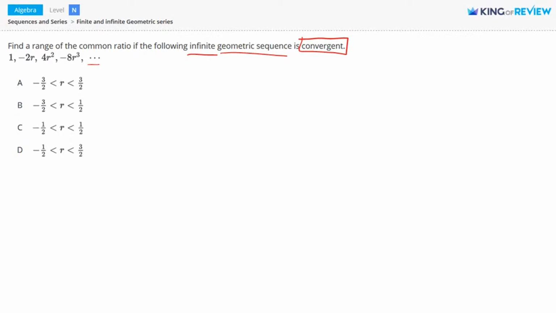What does this mean? Well, a sequence can be either convergent or divergent. If it's convergent, this series has a finite sum.